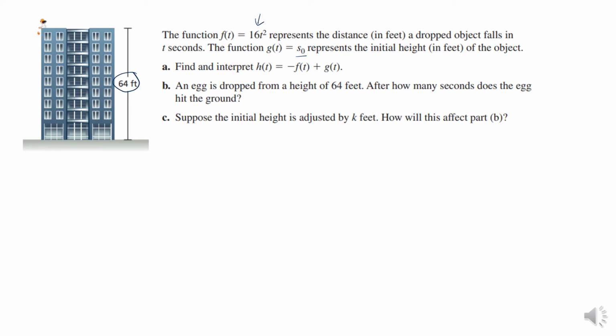So they want you to find and interpret the h of t when you have this function. So you're going to take this function and put a negative in front of it, and then you're going to add the h naught, which is the initial height of 64. So that's what they're trying to teach you from this model, and then you're going to answer these two questions in a bit.